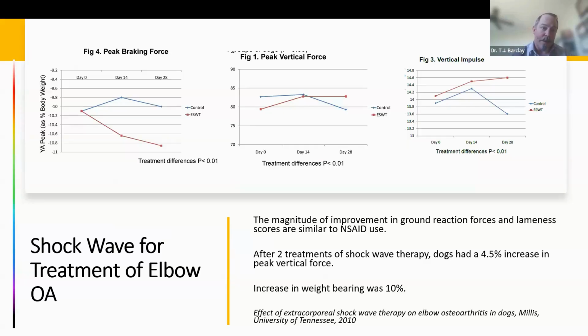So these dogs all had radiographically confirmed elbow arthritis, and the treatment group received two shockwave treatments at 2 week intervals, and you can see the force plate graphs there. So the shockwave treated group being in red was superior at both 2 weeks and 4 weeks after treatment.